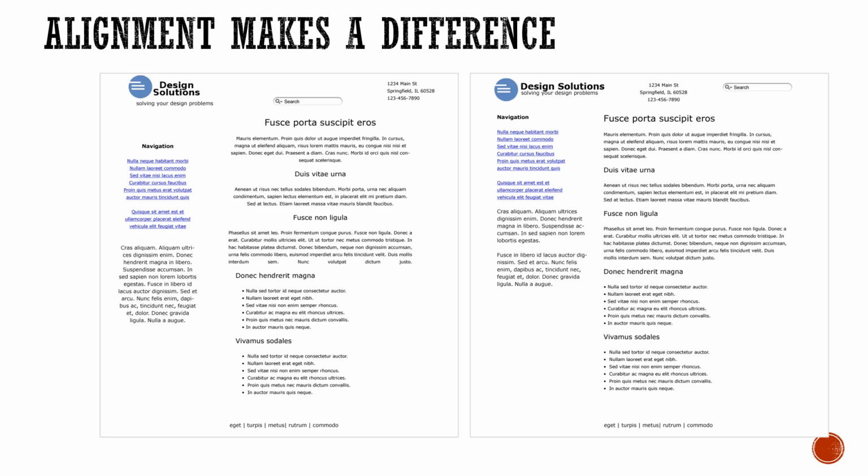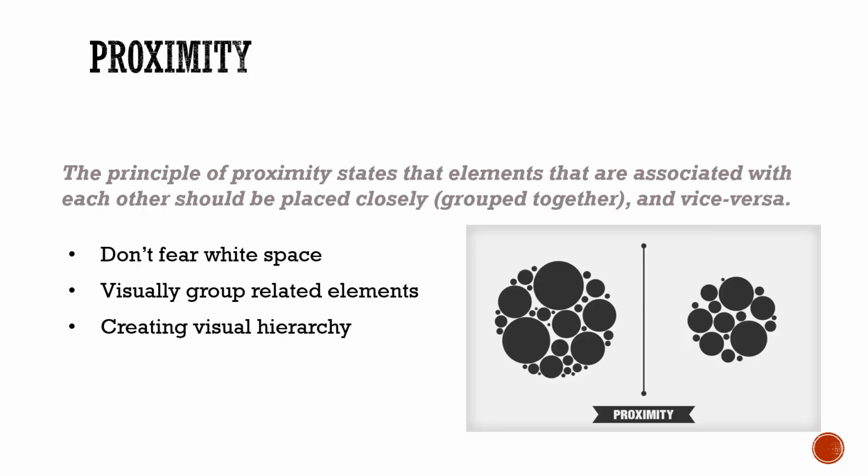Now, proximity is the fourth principle that states that elements that are associated with each other should be placed closely or grouped together, and vice versa. The application of proximity, especially in web design, can lead to a better user experience.